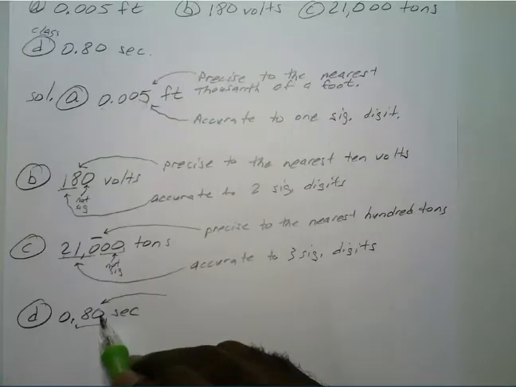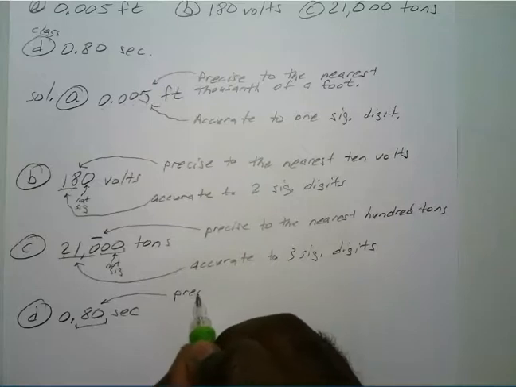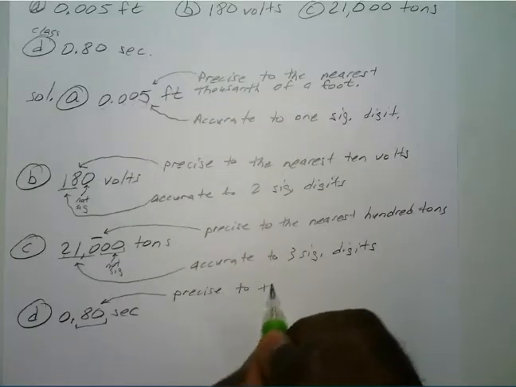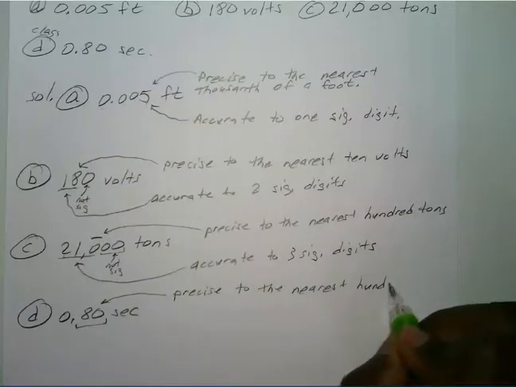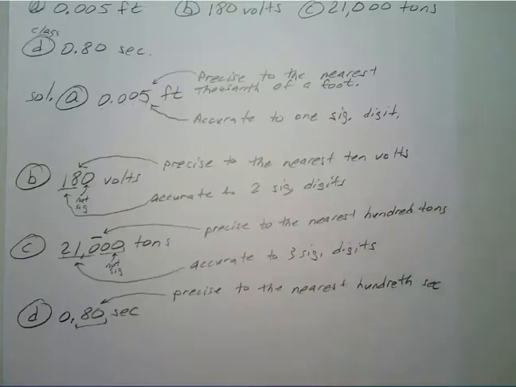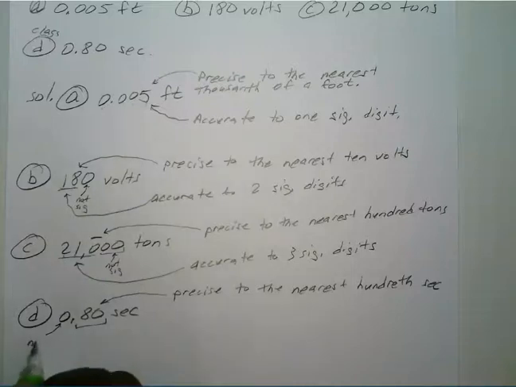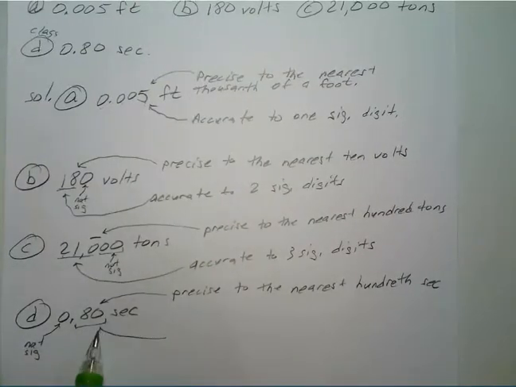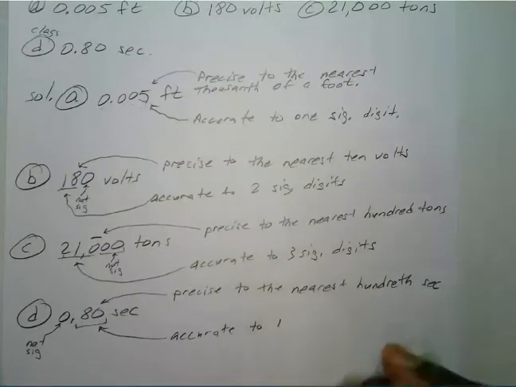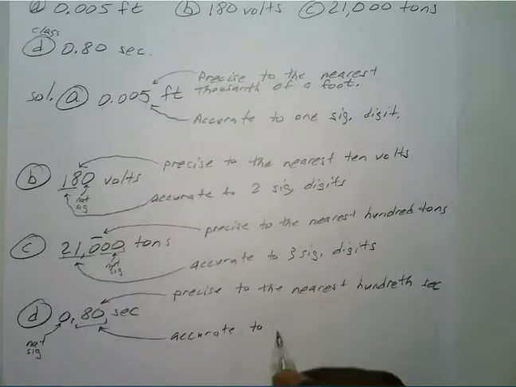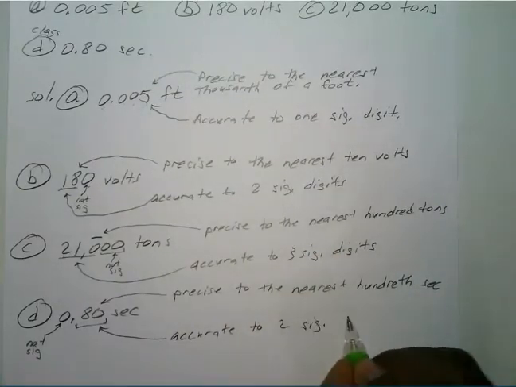Since this 0 is significant, it's precise to the nearest 100th second. We see this 0 to the left of the decimal is not significant. So this is accurate to 2, I'll just write the number 2, significant digits.